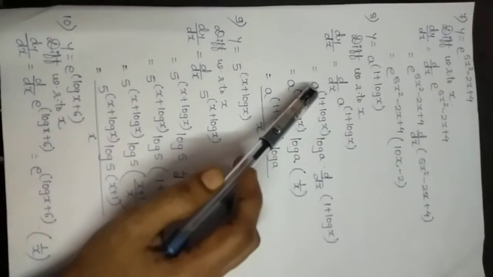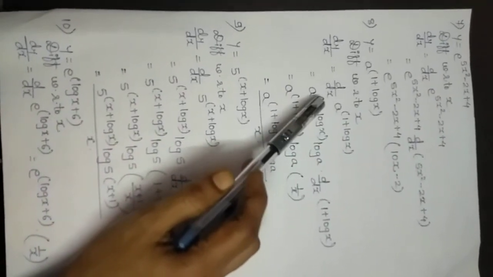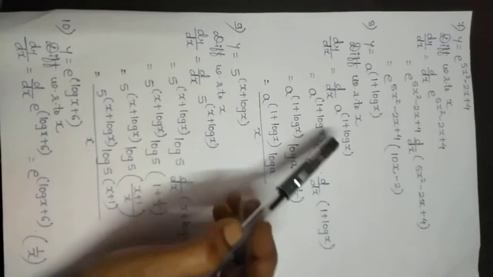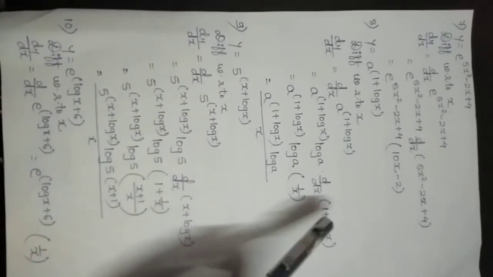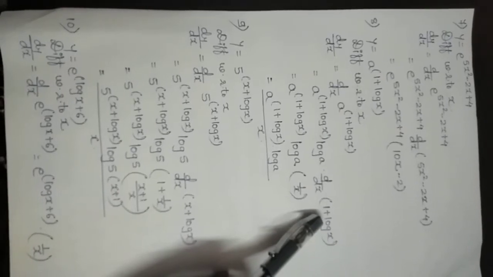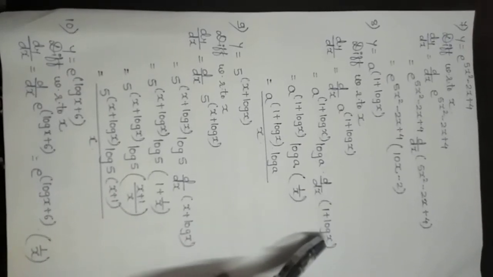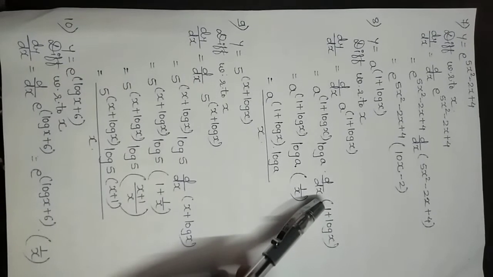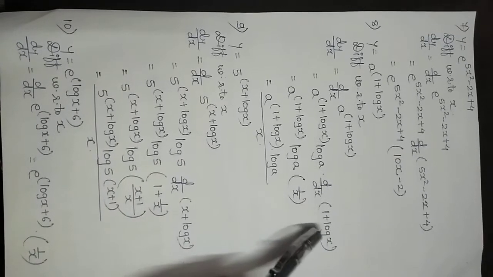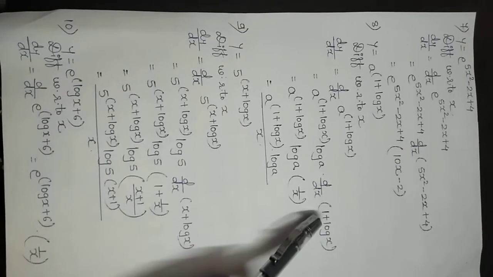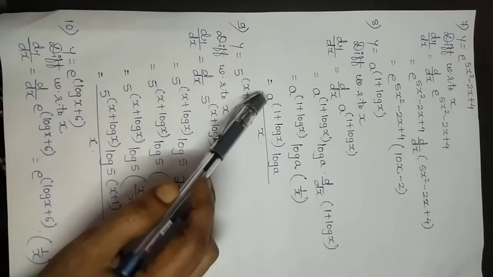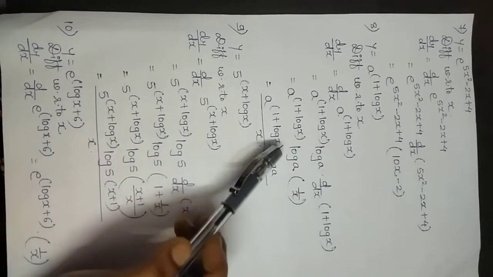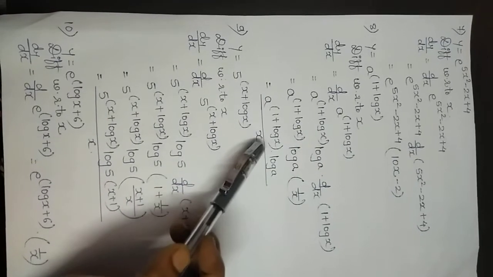So here the derivative will be a raised to x, meaning that entire term, into log a into the derivative of the term which we have considered as x. So 1 plus log x. Now the derivative of 1 is 0. The derivative of log x is 1 upon x. So 0 plus 1 upon x is 1 upon x. So our last answer will be a raised to 1 plus log x into log a upon x.